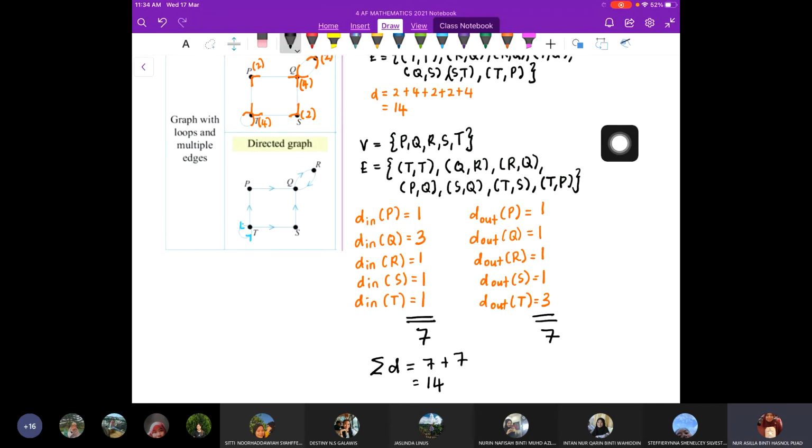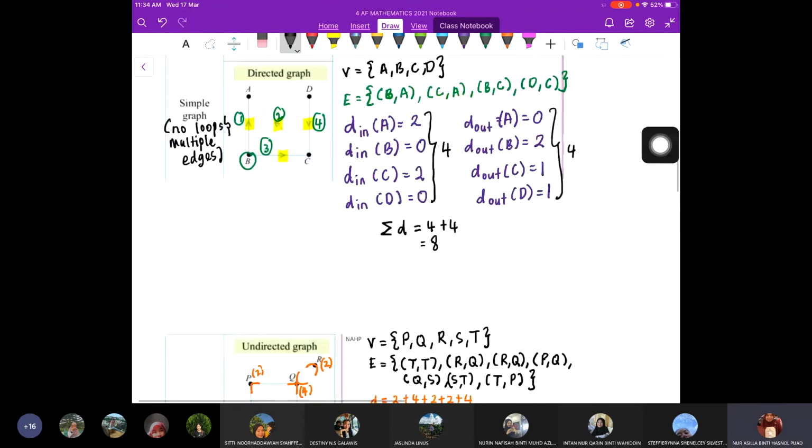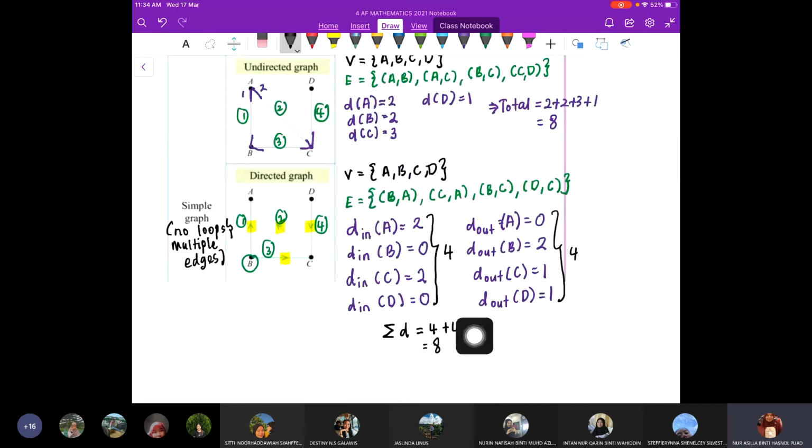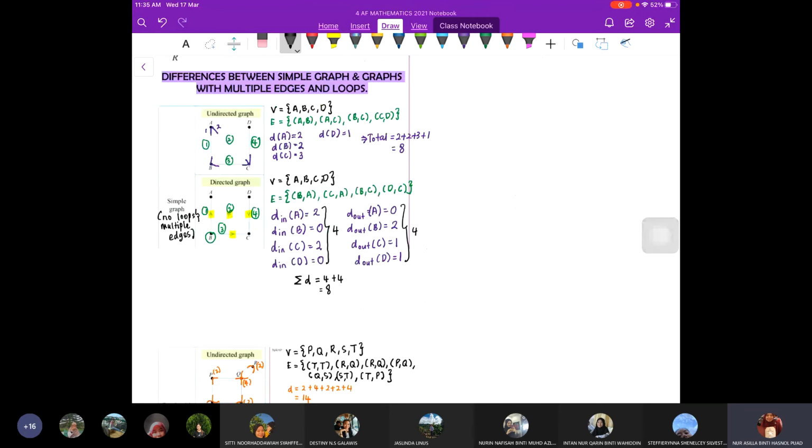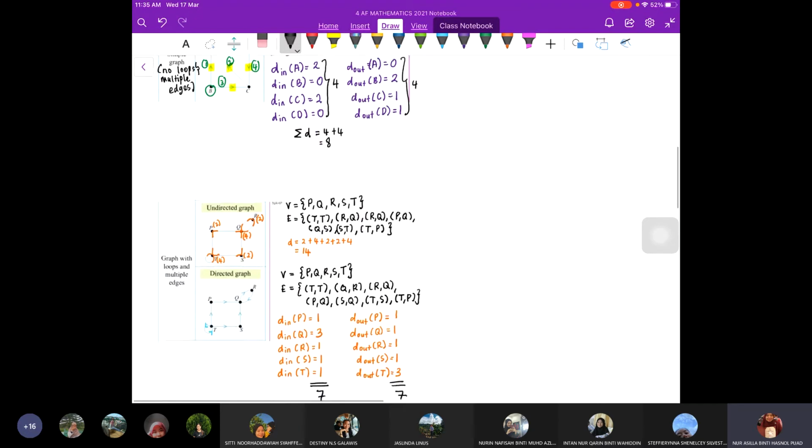Okay, there's no difference, only how you write it down is different. Okay, here 8, top also 8. Okay, alright, so that is how you write down vertices, edges and degrees for directed graphs, simple and non-simple.